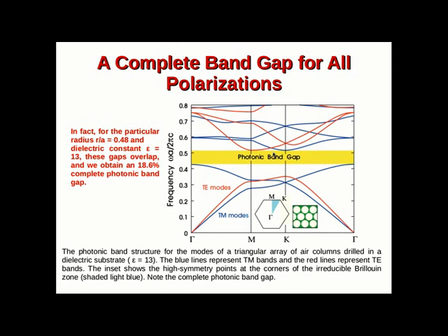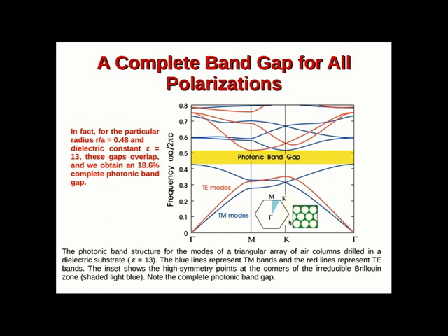This type of band gap which exists for both TE and TM polarization is called a complete band gap, and it is obtained in this type of structure.